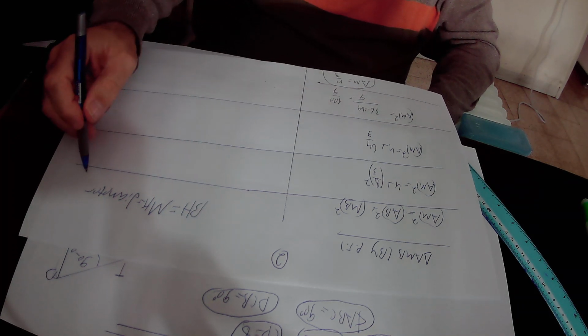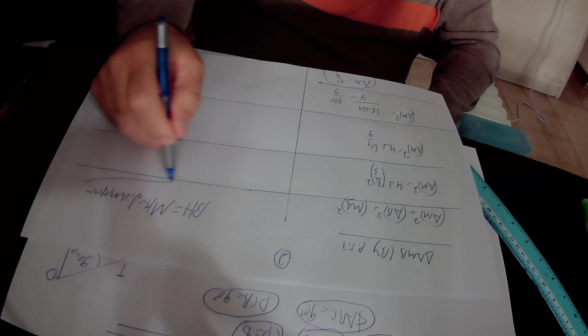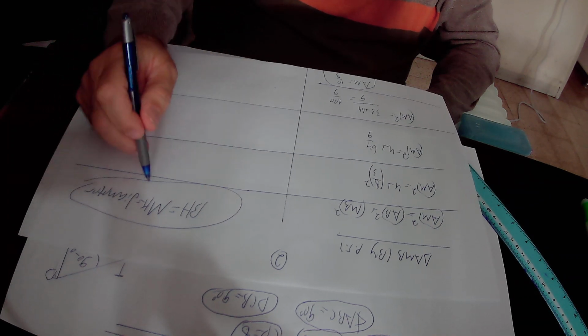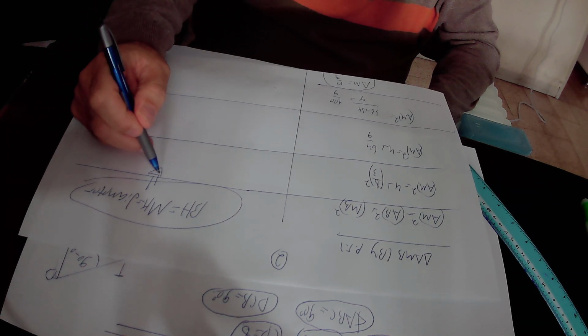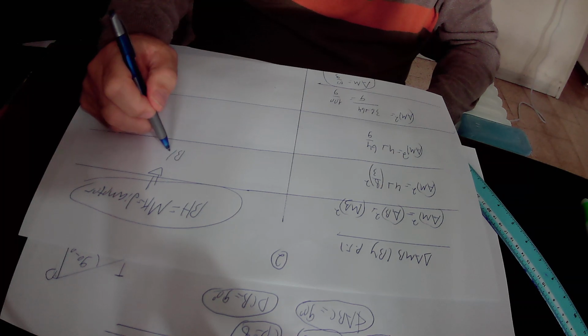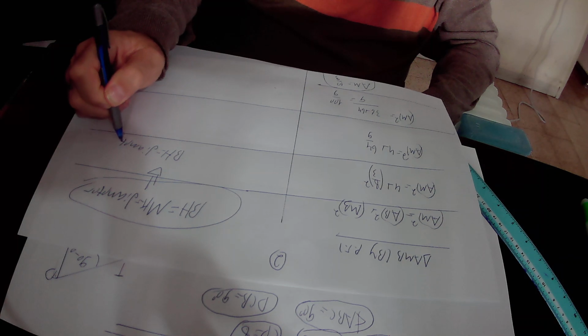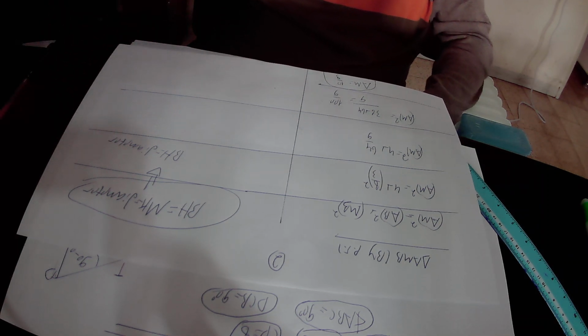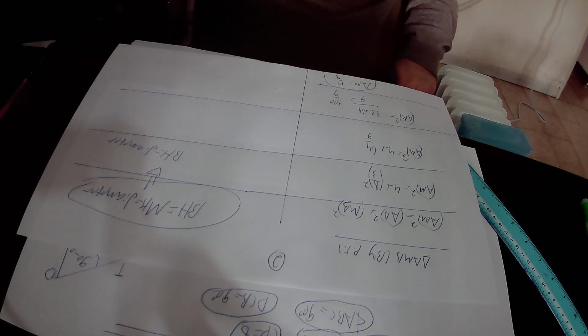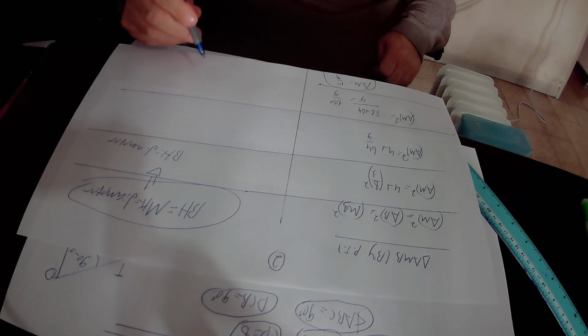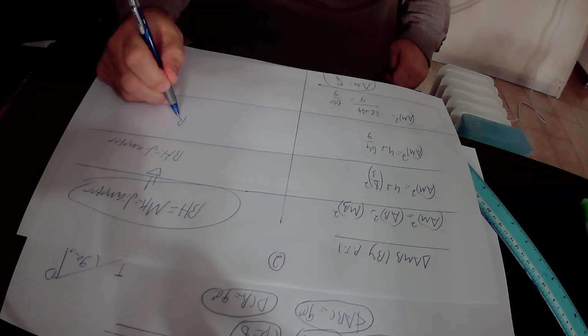And from this equation, BH equals MK equals the diameter, we will derive that BH is also the diameter of the circle. But we also know that the diameter of any circle is twice as long as the radius, and the radius is x, therefore the diameter BH must be equal to 2x.